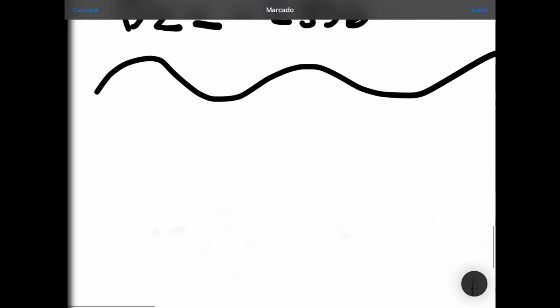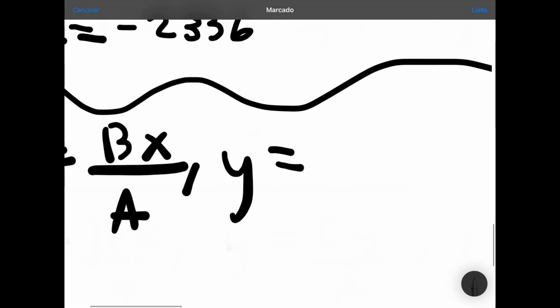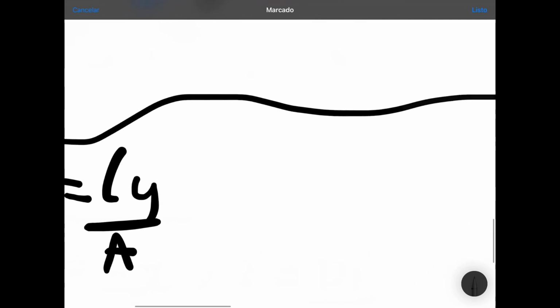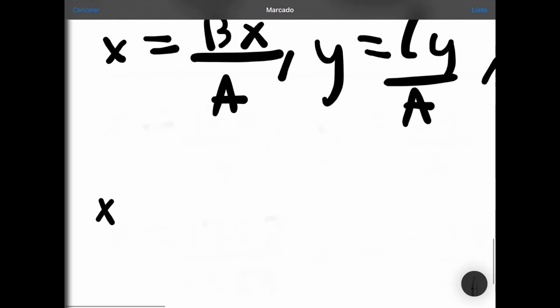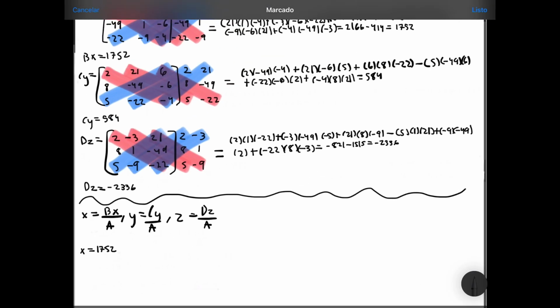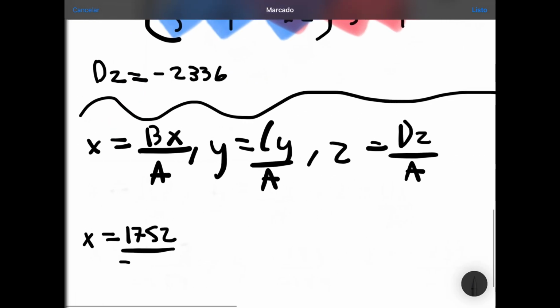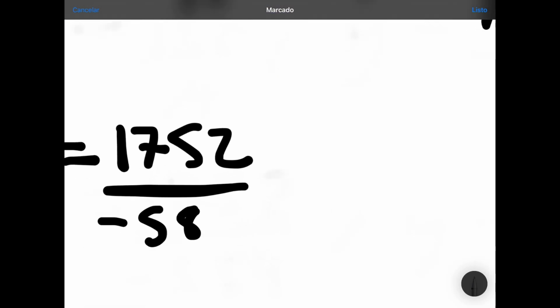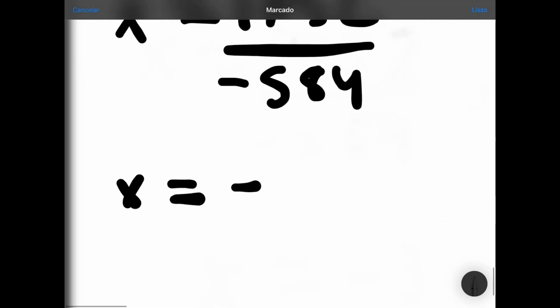So now, once we're done with that, we still need to calculate x, y, and z. Right now, I'm going to write the formulas. So x is equal to bx divided by a, y is equal to cy divided by a, and c is equal to dc divided by a. Now let's substitute. Your bx is 1752 divided by your a, which is minus 584. So x is equal to minus 3.